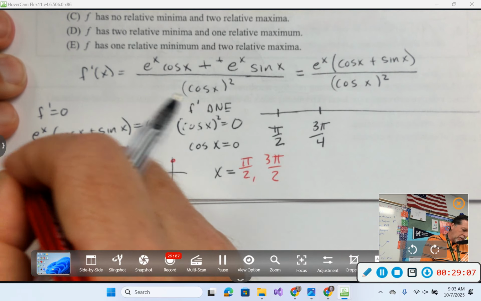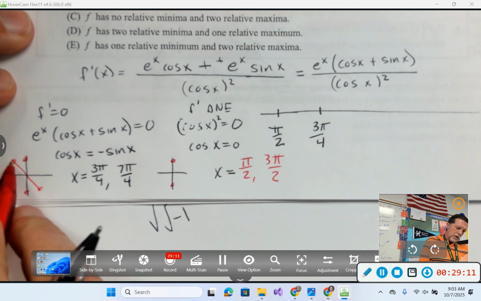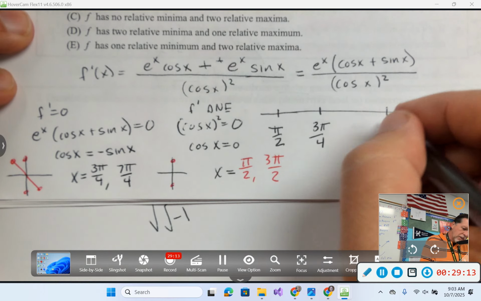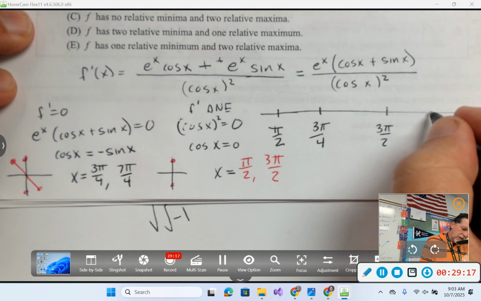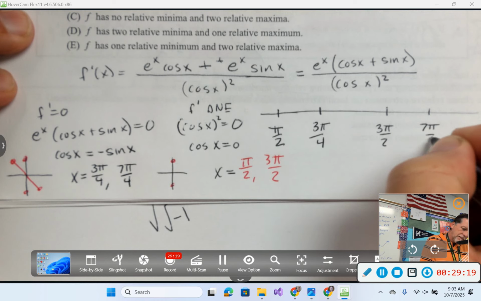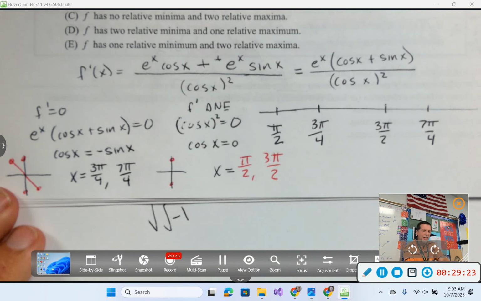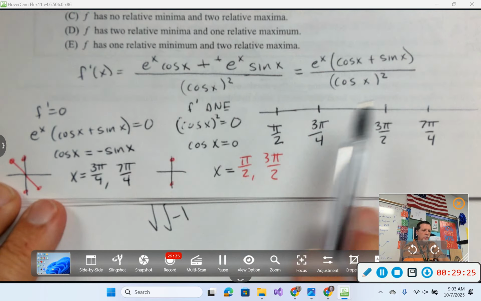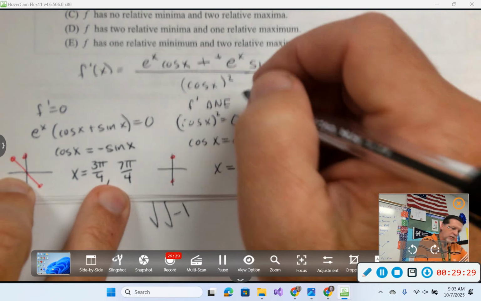Maybe looking at it on one picture would help. Pi over 2, 3 pi over 4, 3 pi over 2, and then 7 pi over 4. Oh man, I gotta check 1, 2, 3, 4, 5 intervals of f prime.